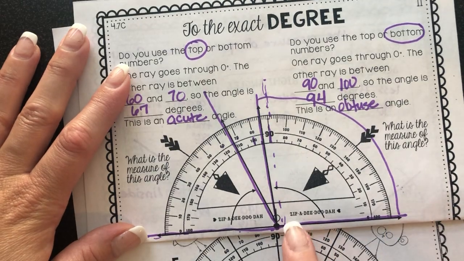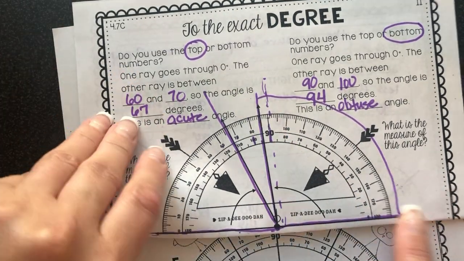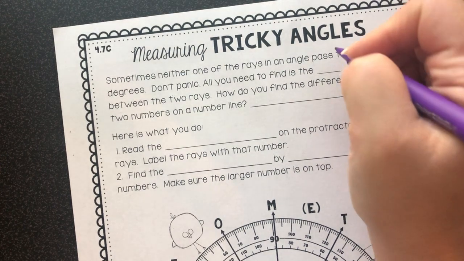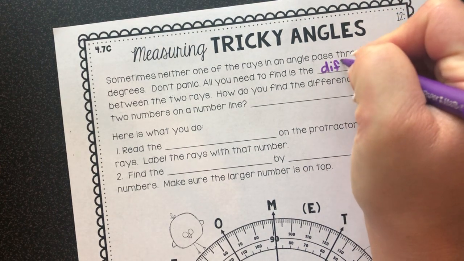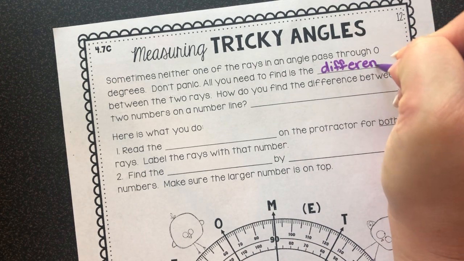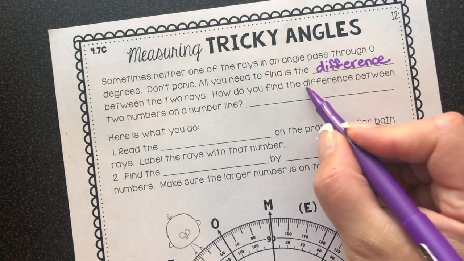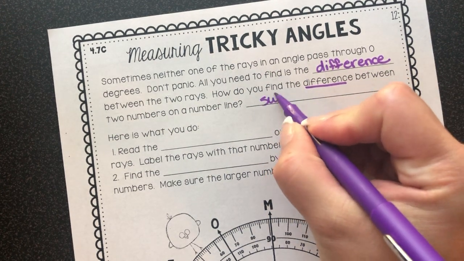This ray started at 0 when we were measuring this angle. But we don't always have angles that work that way. Sometimes they are, like I say, up in the air. So to find these, all you need to do is find the difference between the two rays. And we know that the word difference means to subtract.